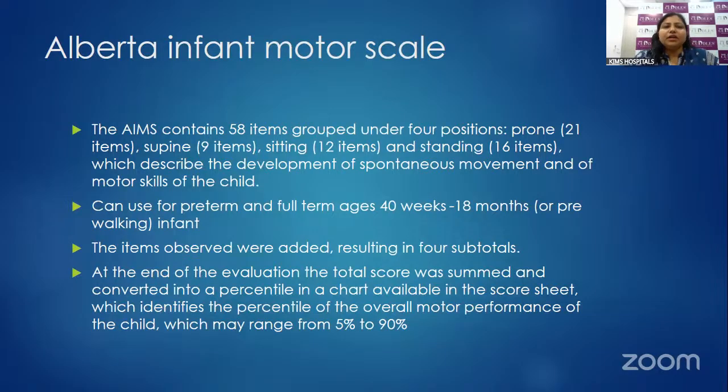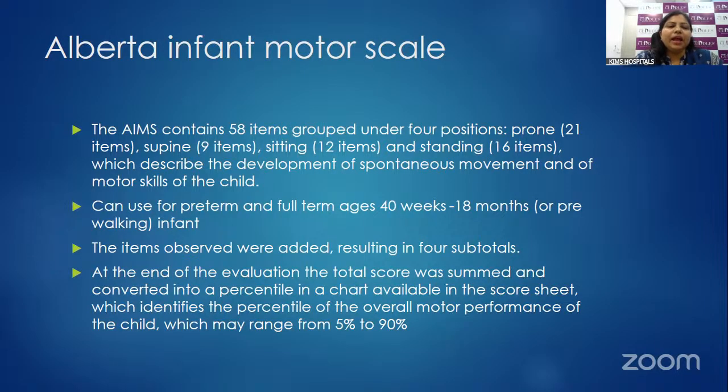Next is the Alberta Infant Motor Scale. The Alberta Infant Motor Scale contains 58 items grouped under 4 positions, which are prone, supine, sitting, and standing. So you will see a little bit of similarity, but the number of items is different. This describes the development of spontaneous movement and motor skill of the child.